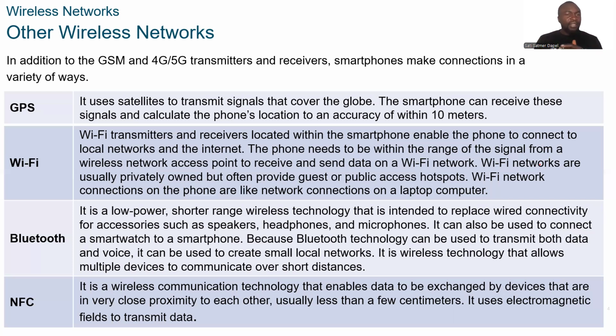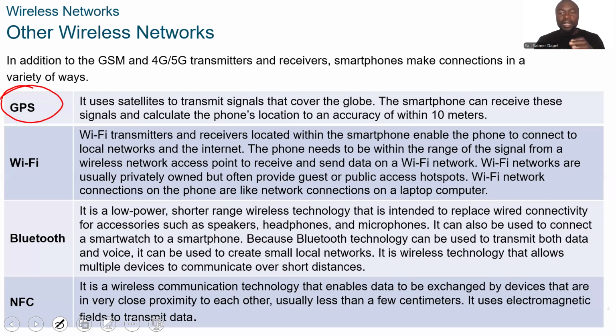All right. Now, in addition to the GSM 4G, 5G transmitters and receivers that we all know, smartphones make connection in a variety of ways. Example of a smartphone is my Android device, or maybe your laptop or your iPad or whatever it is that you're going to use. It uses satellite in GPS. It uses satellites that cover the globe.